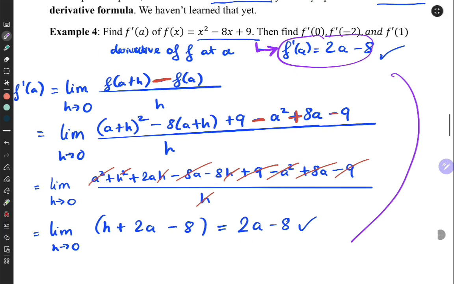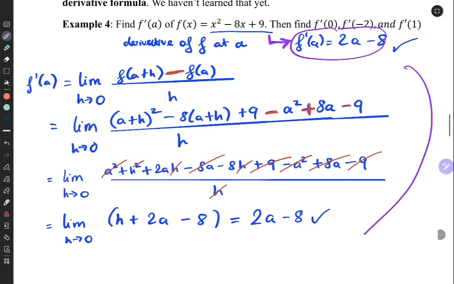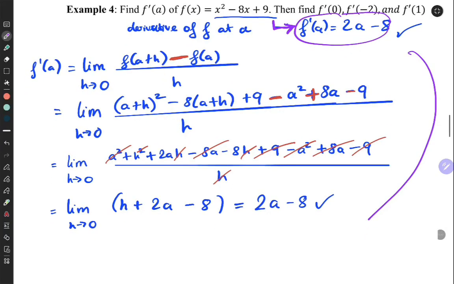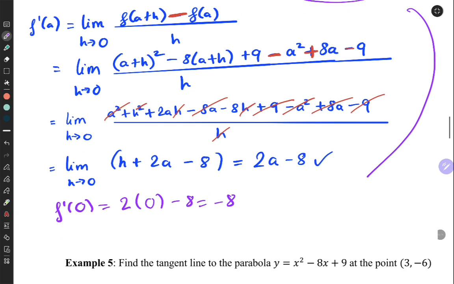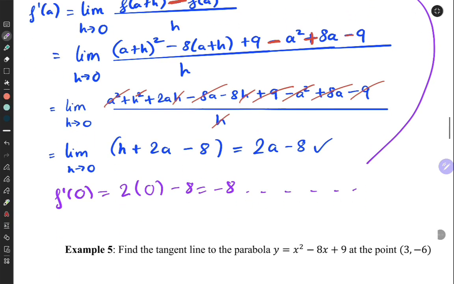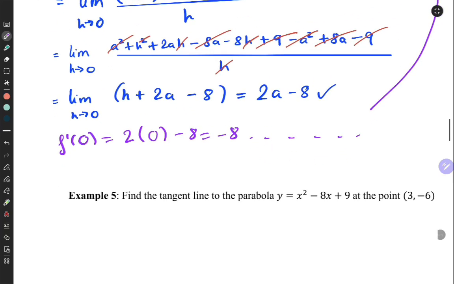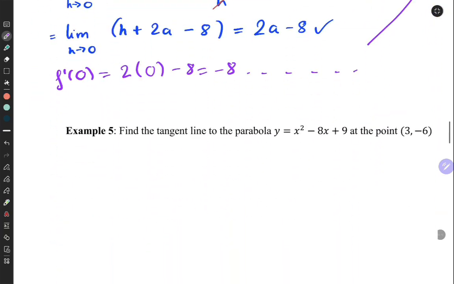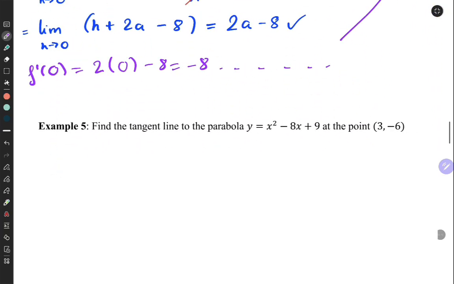Okay. All right. I think you can find the rate of change, or how fast the function is moving at 0, which is negative a, and so on. I'll let you finish that problem, right? Okay, another one to practice, but they're basically the same. Okay, look at this one.